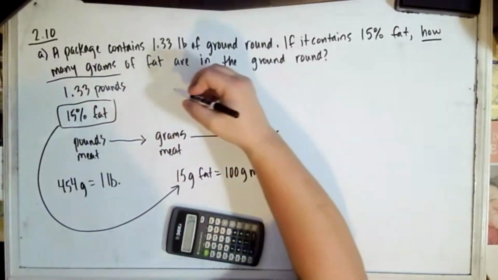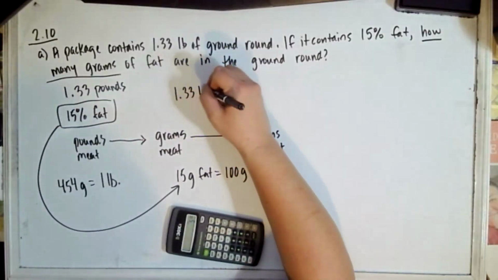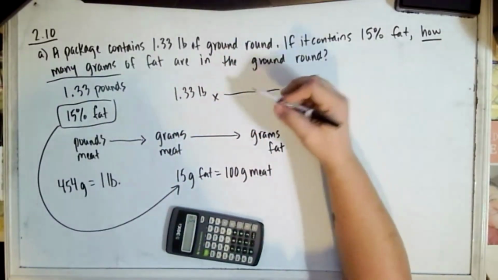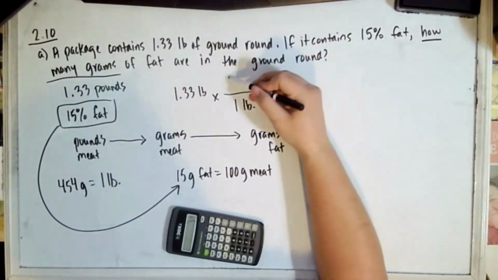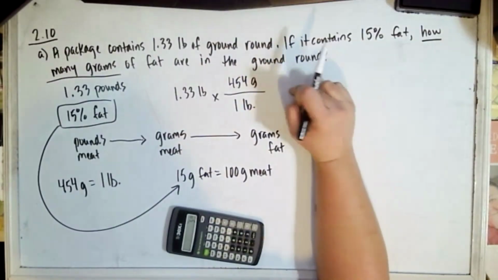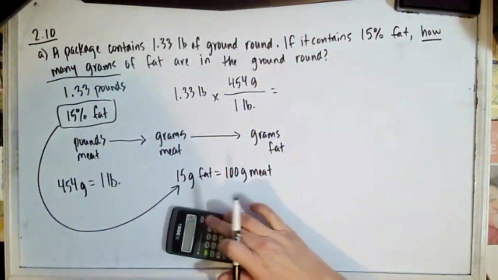So start out up here. If we have 1.33 pounds of meat in our first conversion, we're going to take our 1 pound, put it on the bottom, and our 454 grams up top. You can do this in 1 step or 2 steps. Either is fine.